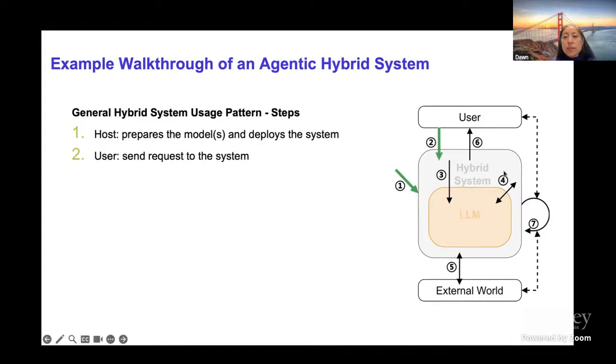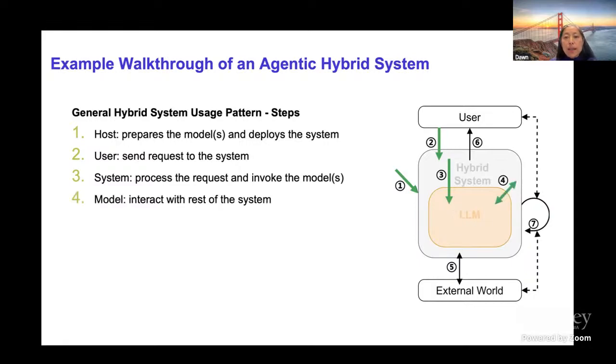And then once the system is deployed, the user can interact with the system. The user can, for example, send requests to the system, and then the system can process the requests, and then assemble the prompts, and then invoke the model with the assembled prompts.